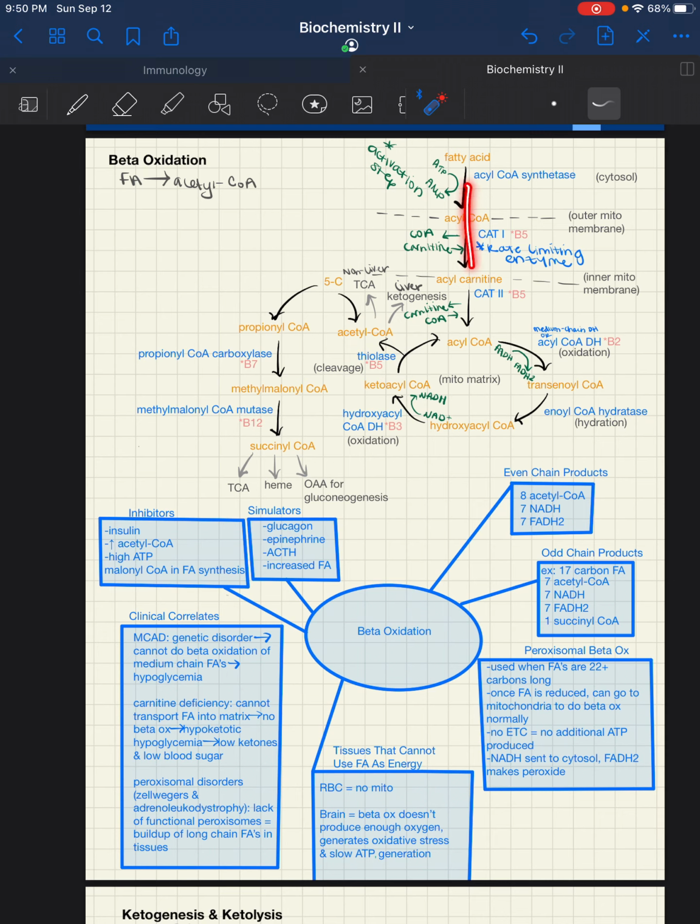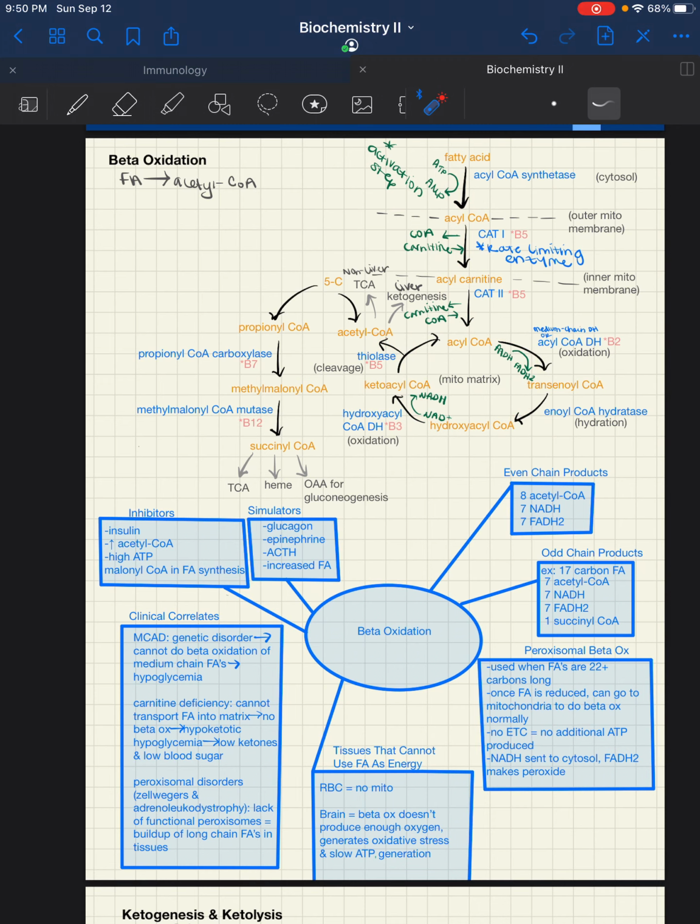And then every time we go through this process, we produce 1 FADH2 and 1 NADH. So if a fatty acid that's 16 carbons goes through this process, it essentially has to go through this process 7 times.